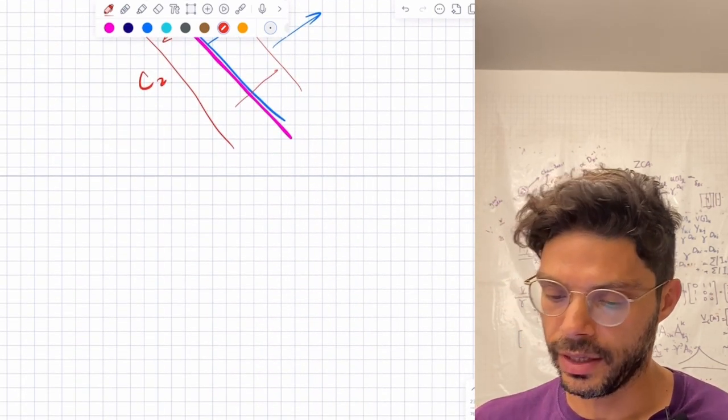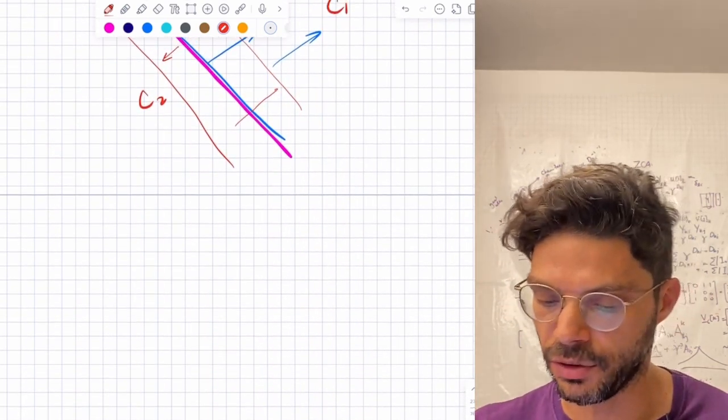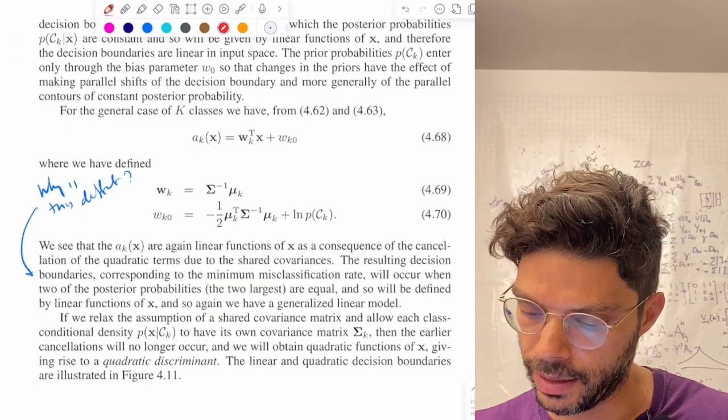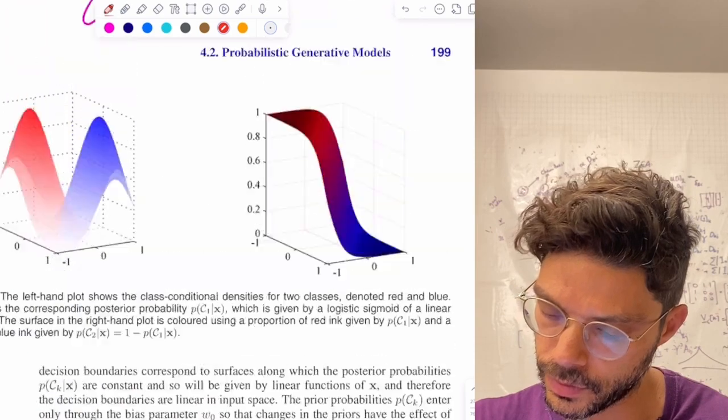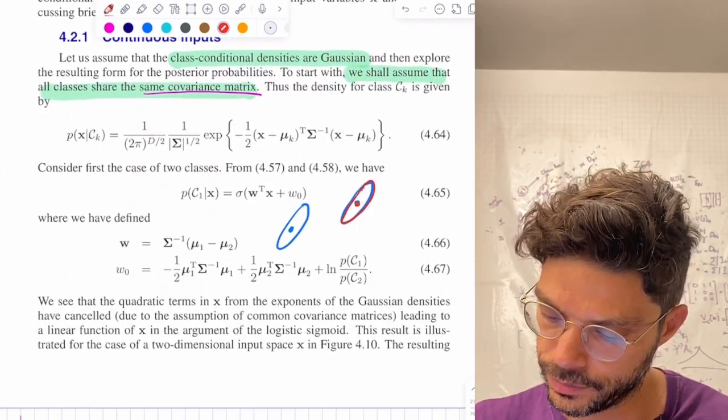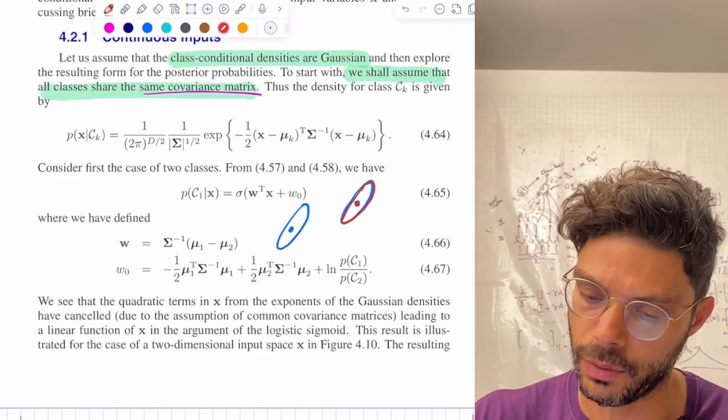Cool. Okay, so now let's do the multi-class case. The only potentially confusing point, let's see if we can pick it up. Let's go back up. Yeah, so this is exactly what we got, right?